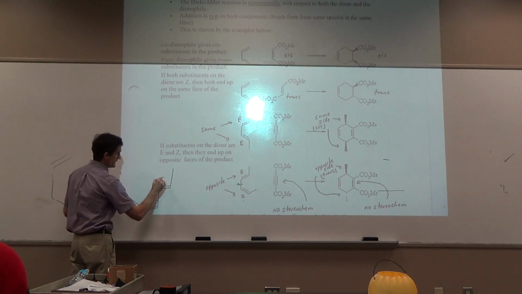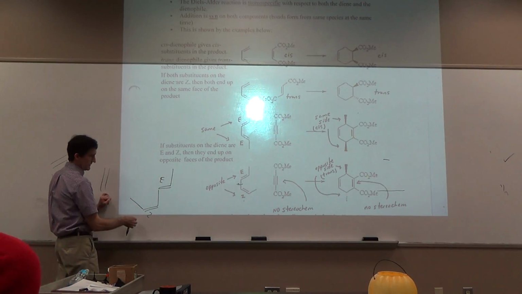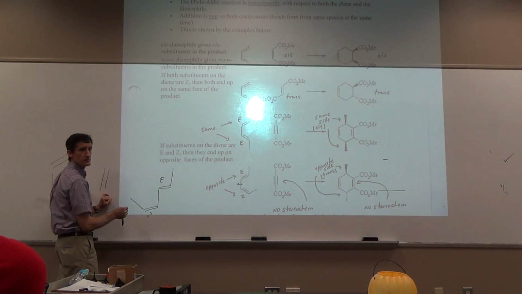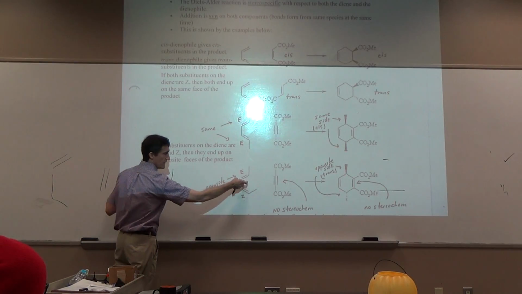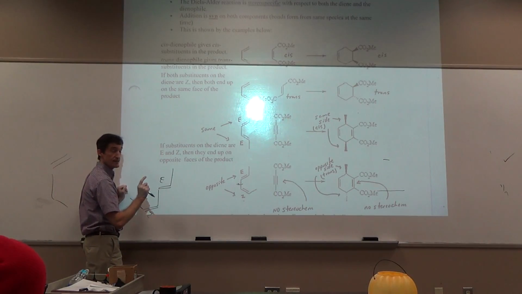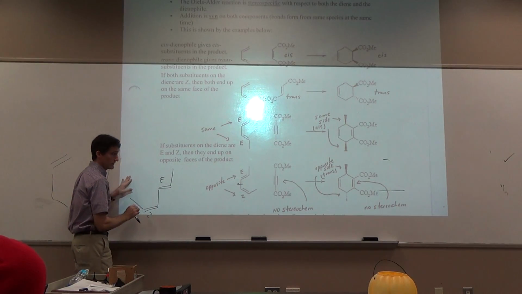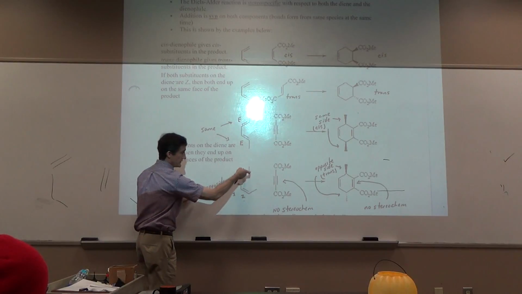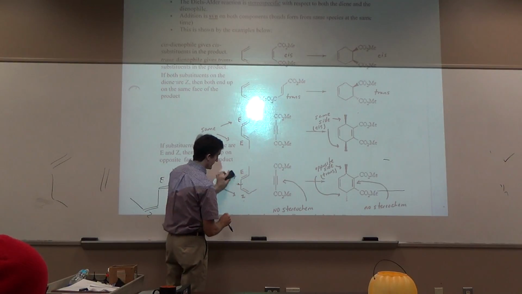But this is still E and Z. That's still trans and cis. What's the terminology for this difference? That's s-cis, this is s-trans. S-cis, s-trans. Well, this is the correct form it needs to be in.